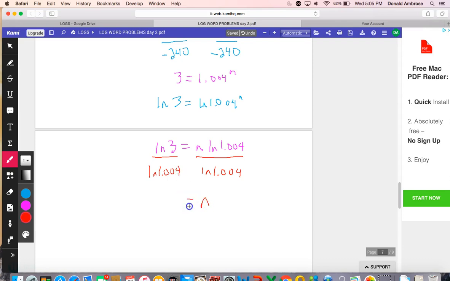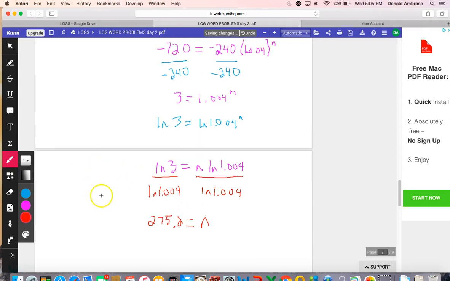And if we do that, we should get an n value of 275.2. And we've now solved for n.